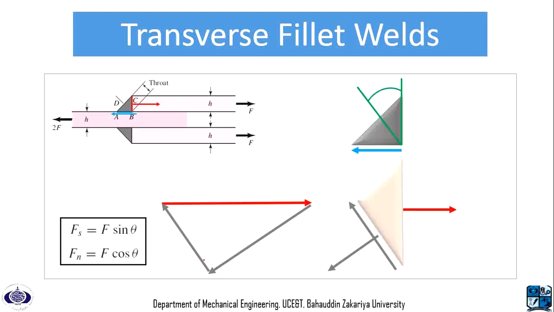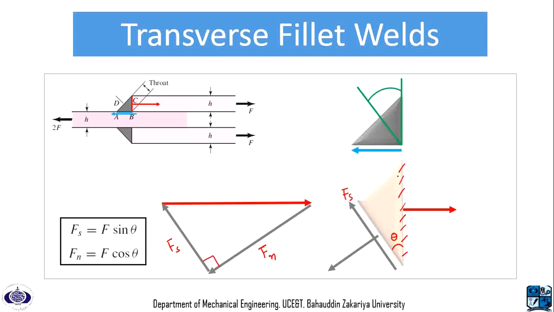In this we can see that we have a right angle between Fs and Fn. Similarly, we have angle theta here, between Fs and this vertical portion. If there is an angle theta between two lines, then the perpendiculars of those two lines also have the same angle theta between them.